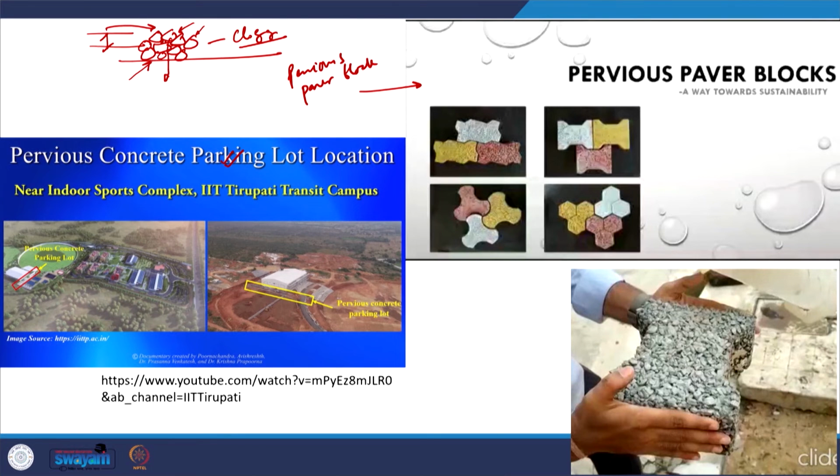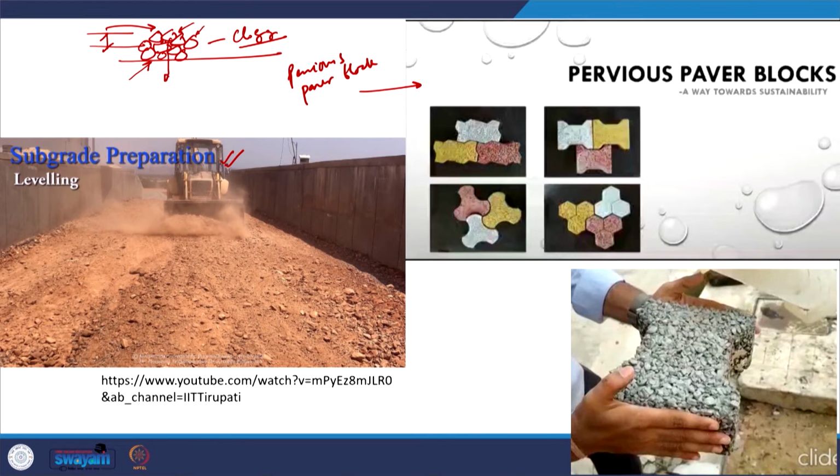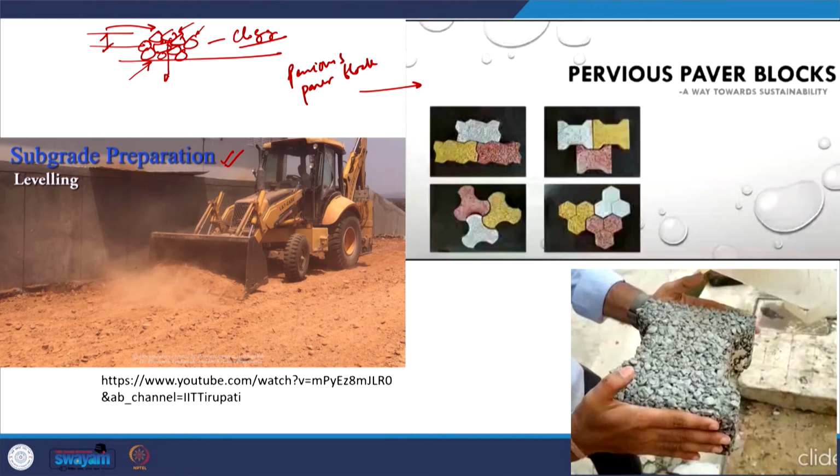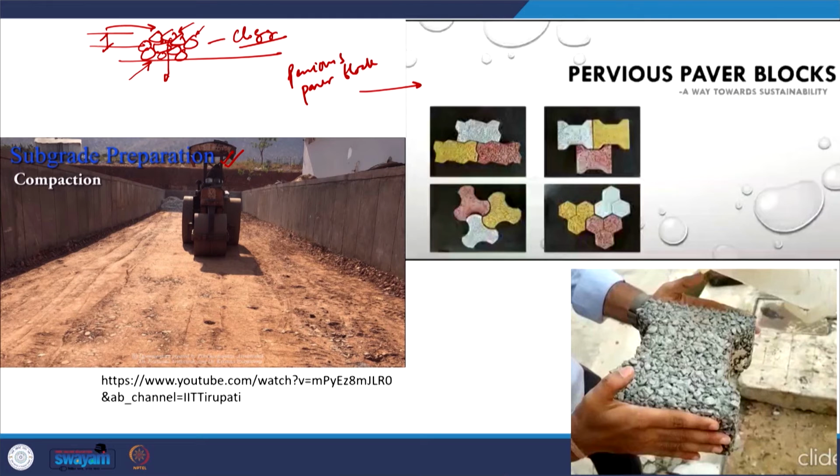You can see that this picture identifies the location where a construction was done. These pictures show the steps of the preparation of different layers.